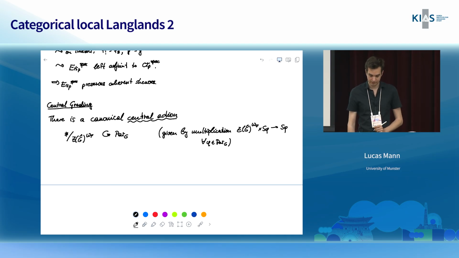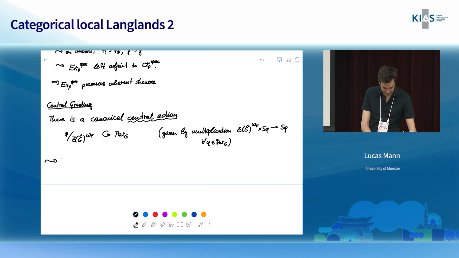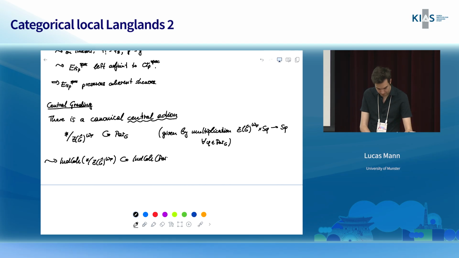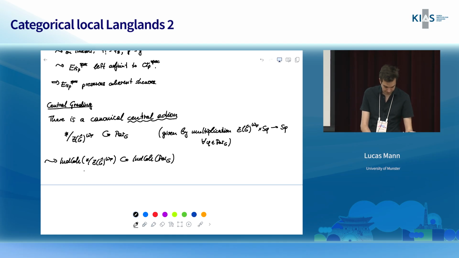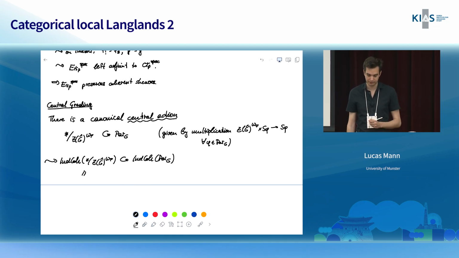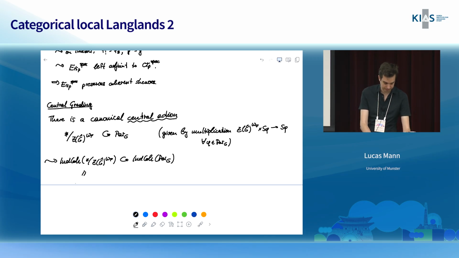Okay, and now having this action, I can apply IndCoh to it, and then this will act on IndCoh of par G. Now, the center of G hat is essentially some sort of torus, maybe up to some finite groups. And so by Cartier duality, one can explicitly describe what this category is.